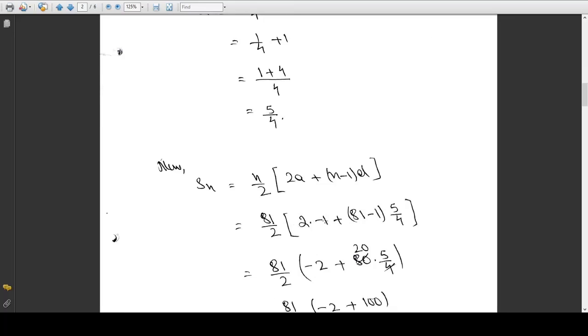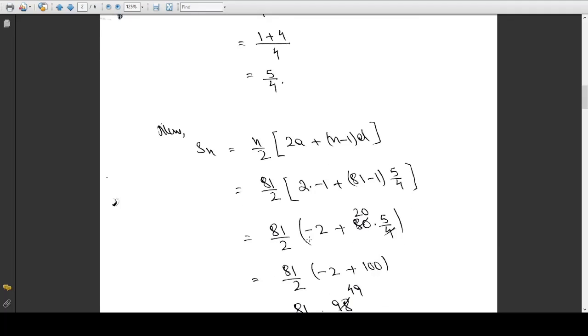Now 2 multiplied by -1 is -2, 81 minus 1 is 80, times 5 by 4. Cancel 80 by 4, we get 20. 4 multiplied by 20 is 80. Then 20 multiplied by 5 is 100. So 81 by 2 times (-2 plus 100).